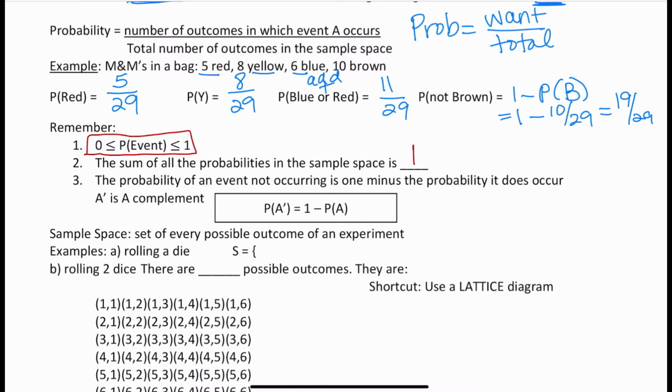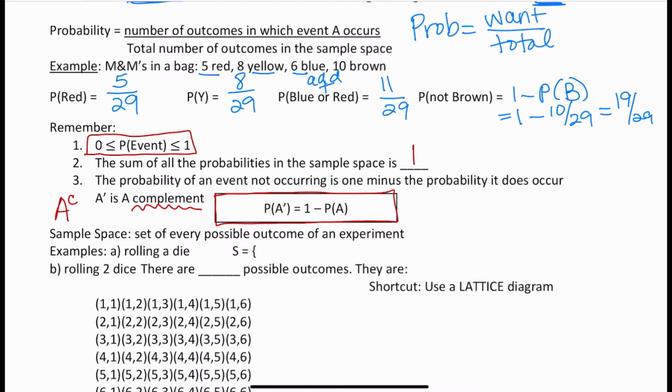And we call this the complement. The way we write it is A with the apostrophe. There are some textbooks that also use A with a little c. But in this case, I'm going to be using the apostrophe for the complement. So the rule is that the probability of A complement, so not A, is 1 minus the probability of A.